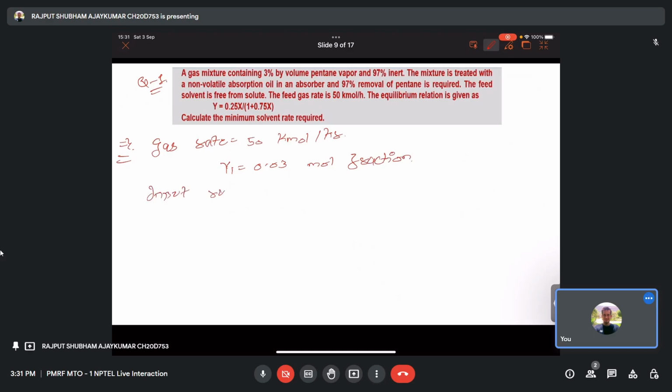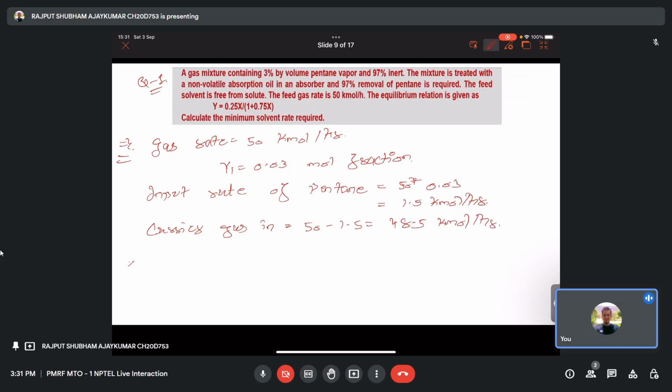Input rate of pentane equals 50 into 0.03 equals 1.5 kmol per hour. The carrier gas rate at the inlet is 50 minus 1.5.